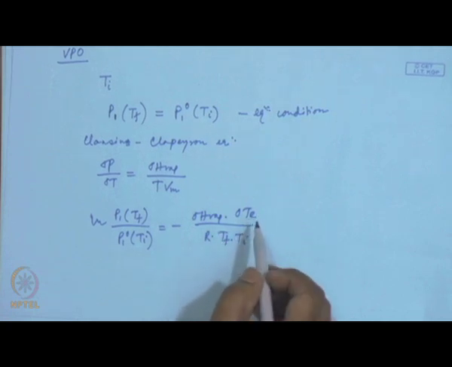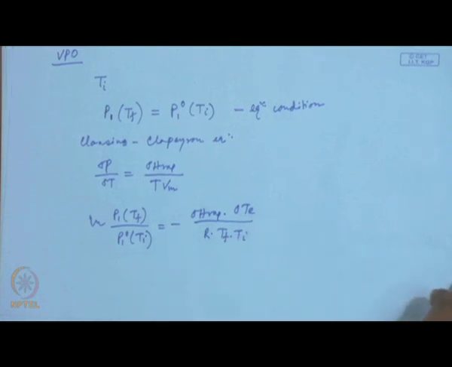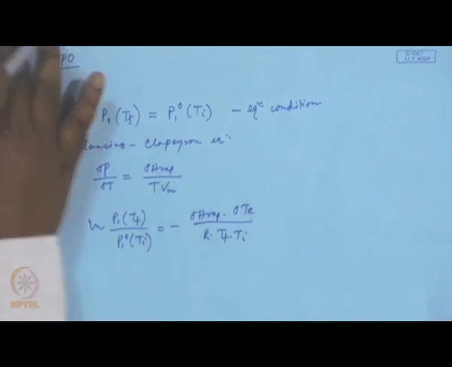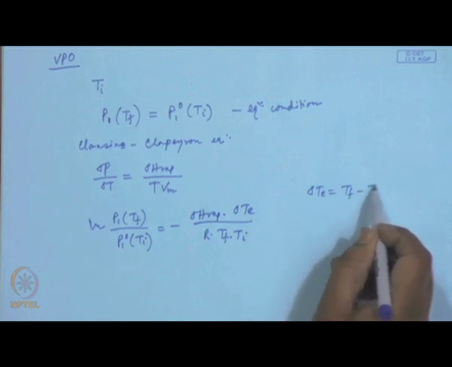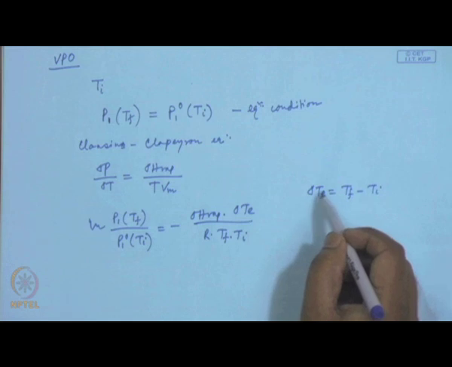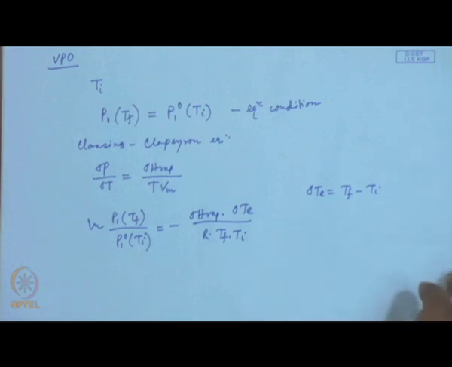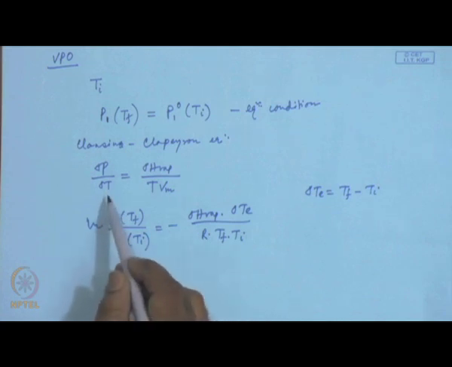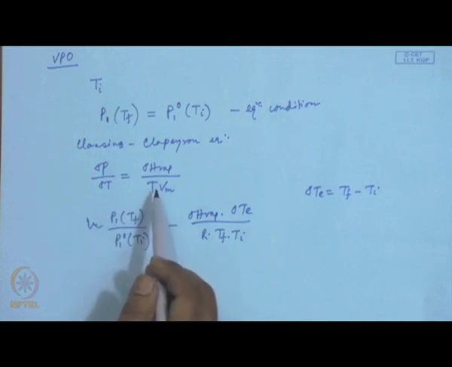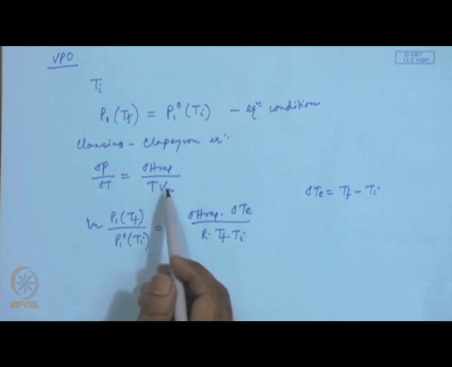Delta T is the temperature difference from the final to initial, and T E represents equilibrium. So, while deducing, we considered that the vapor phase behaves as an ideal gas.